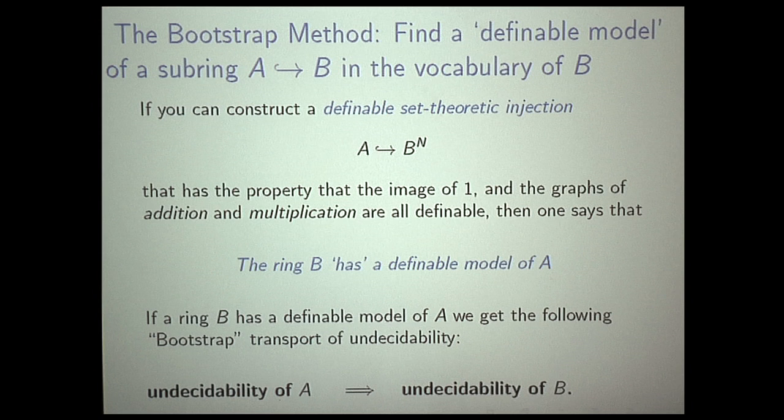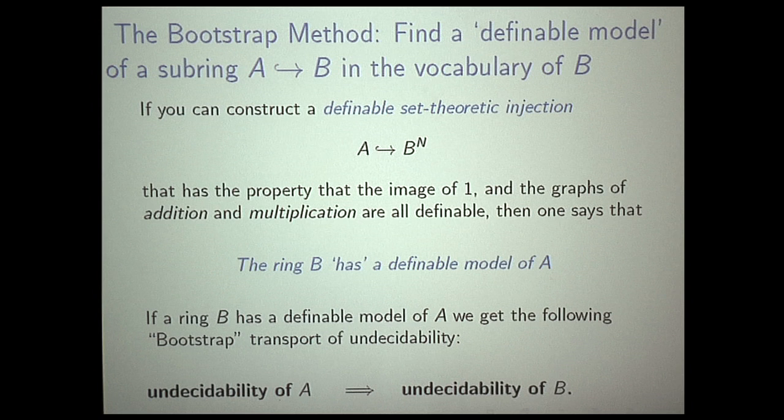Okay? Well, that is very often too precise. Instead of defining the ring, you could define what the logicians call a definable model of a subring of A in the vocabulary of B, and it does the same thing. What is a definable model? It's just a set theoretic injection, not a ring theoretic injection, of the smaller ring, not even in the larger ring, but in some fixed power of the larger ring.